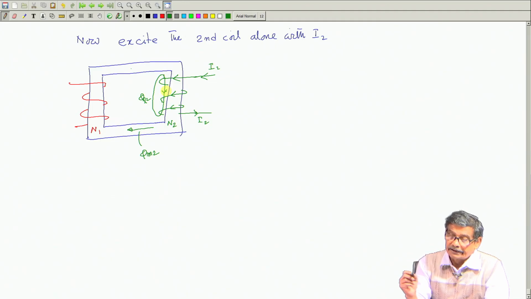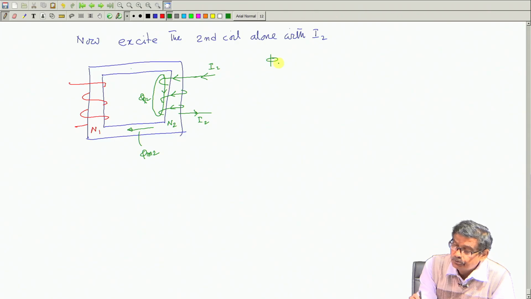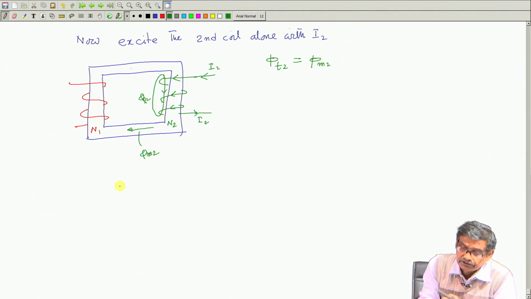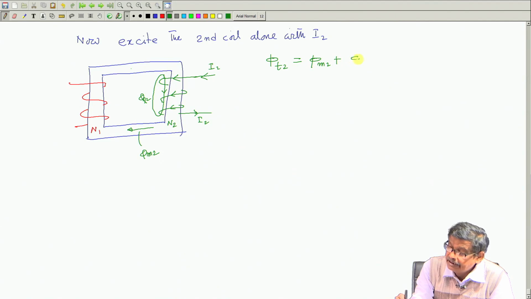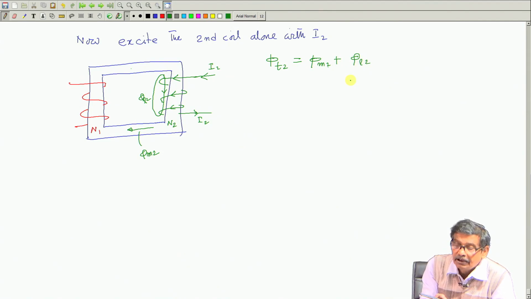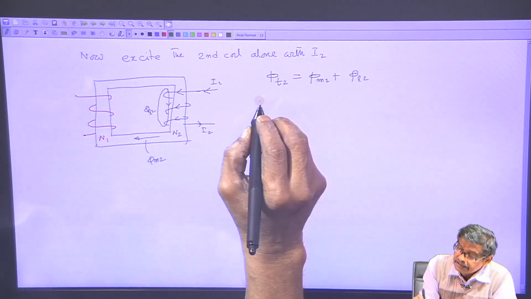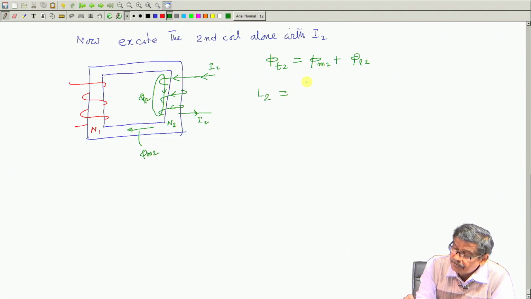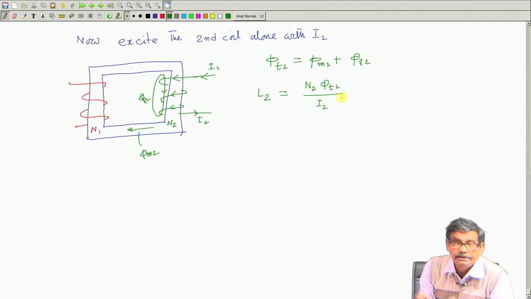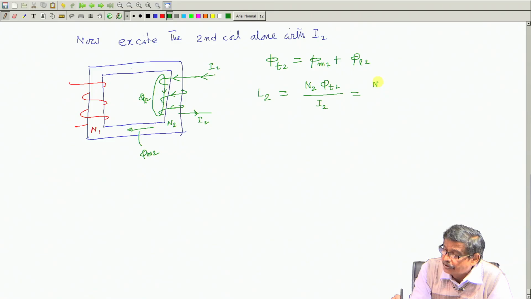So, when the second coil carries current, phi T2, the total flux created by the second coil, will be in the same way mutual flux, which is going to link the first coil, plus the leakage flux. Then the self inductance of the second coil will be the flux linkage with the second coil per unit ampere current I 2, and this will have two components: N2 phi M2 by I 2 plus N2 phi L2 by I 2.